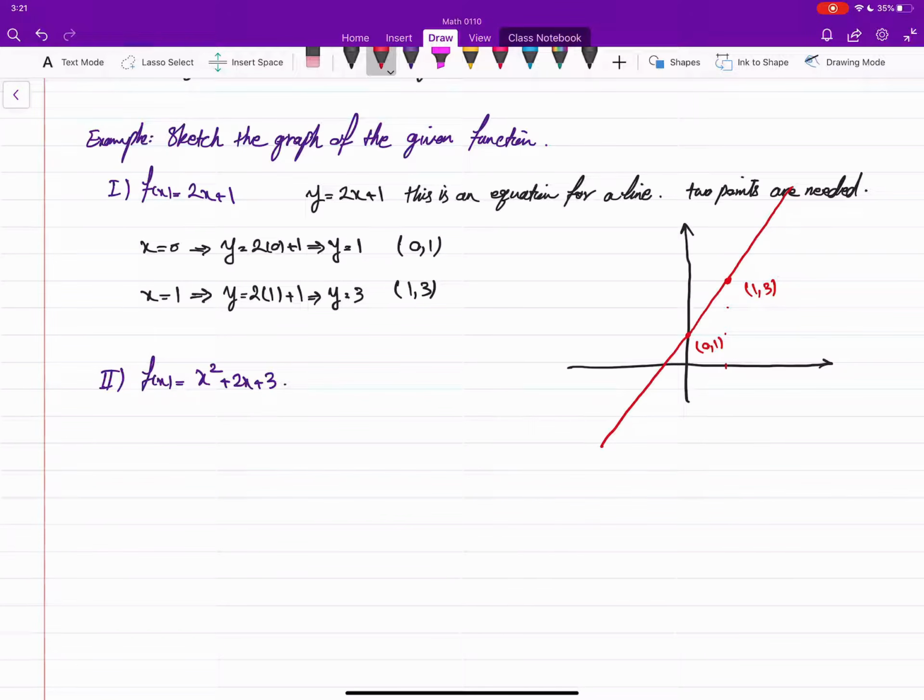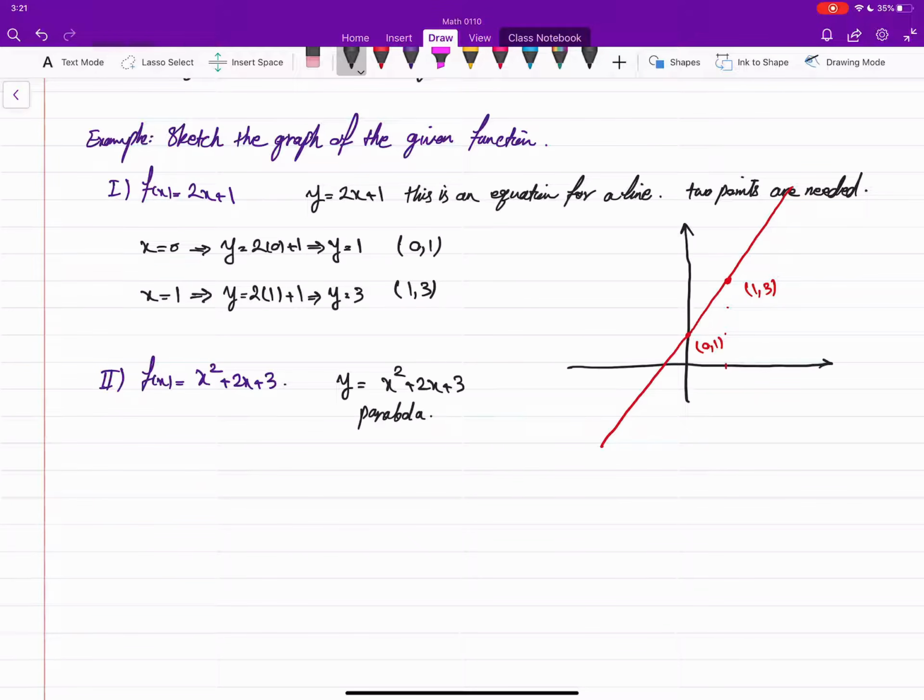For this other example, we just put y equals x squared plus 2x plus 3. And you see that this is the equation for a parabola, yes? And to sketch the graph of a parabola, well, I have prepared a review video.